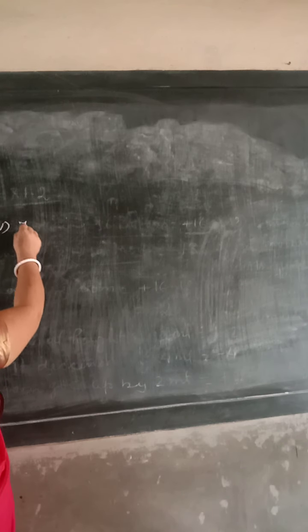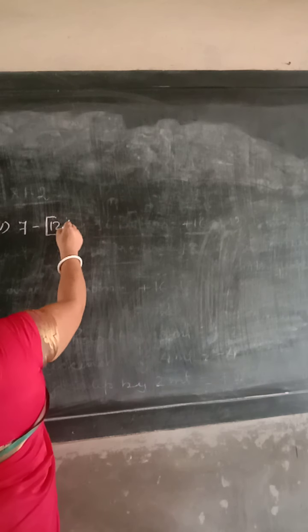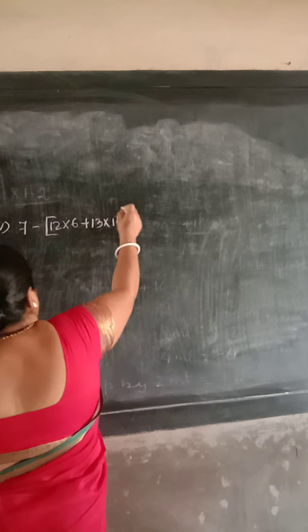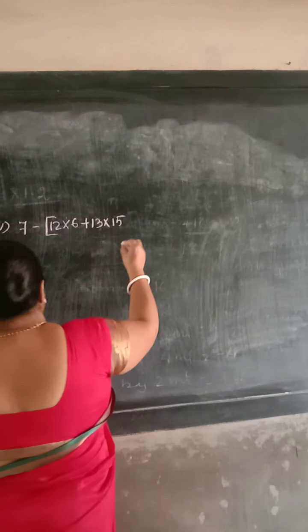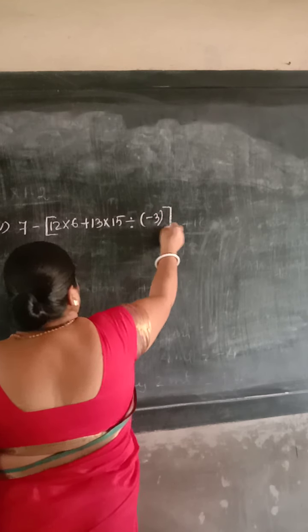Look at question number 5. It says 7 minus big bracket 12 into 6 plus 13 into 15 divided by minus 3.